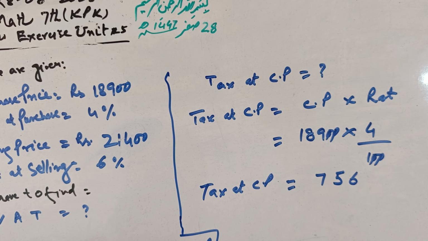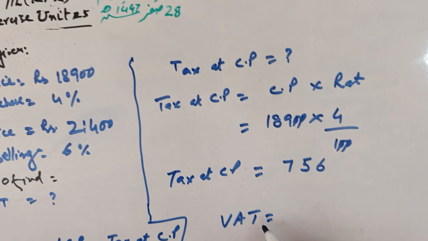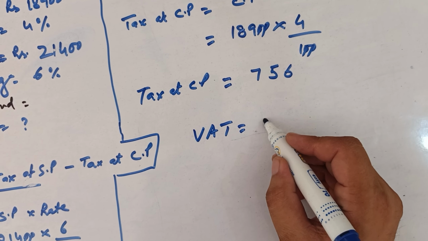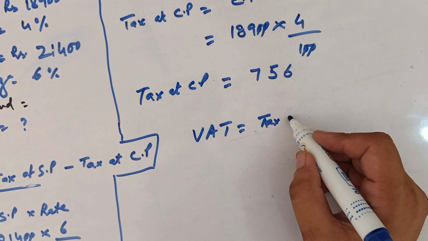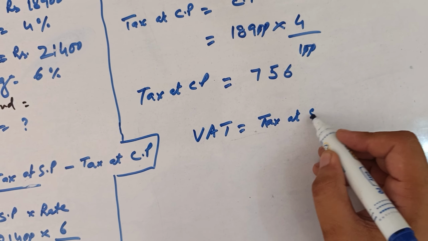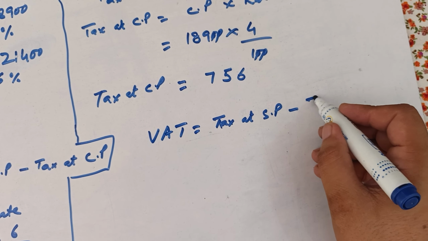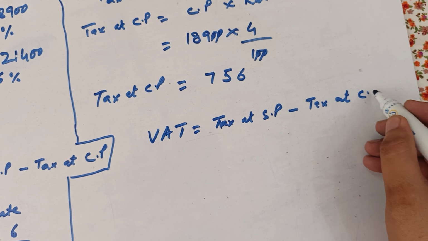Again I am writing the formula. VAT is equal to tax at SP minus tax at CP.